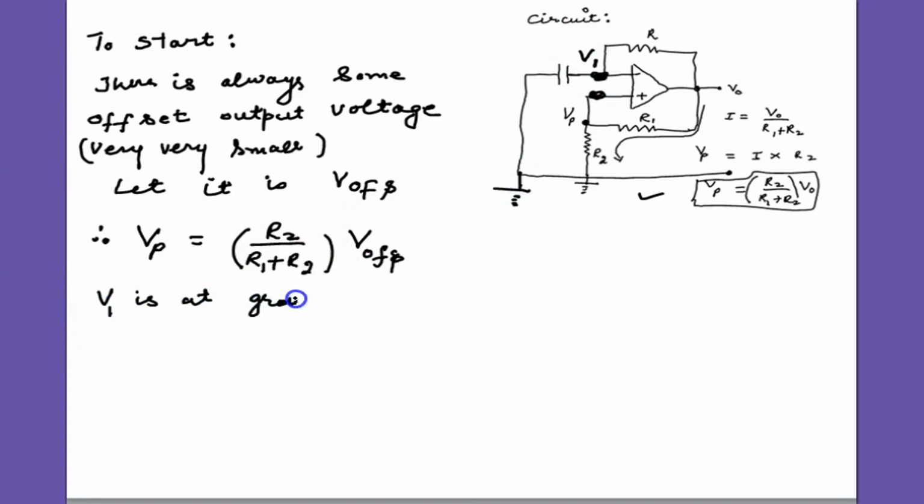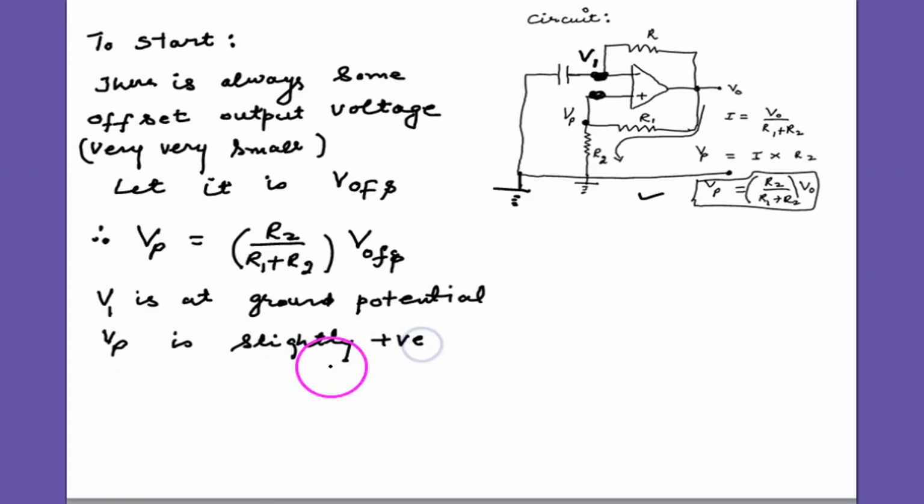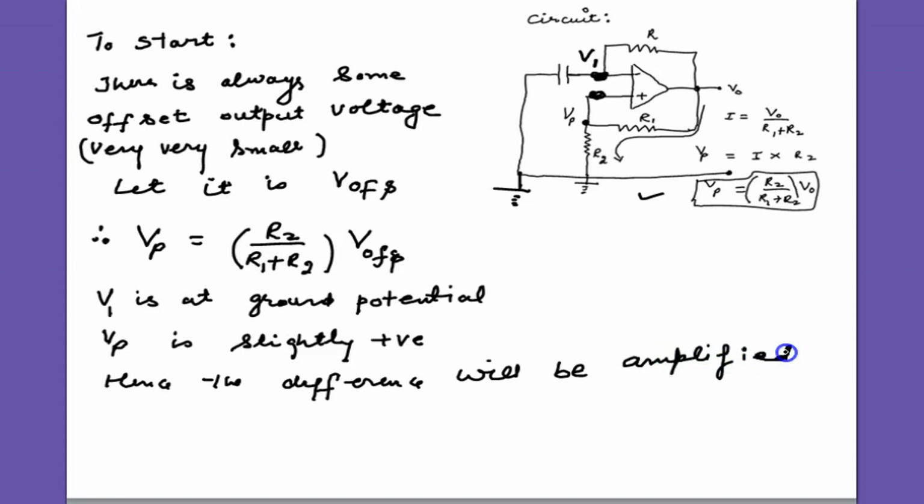That means at the two inputs there is a small difference voltage. The op amplifier is basically a difference amplifier, so it amplifies the difference, and the output attains plus V saturation.